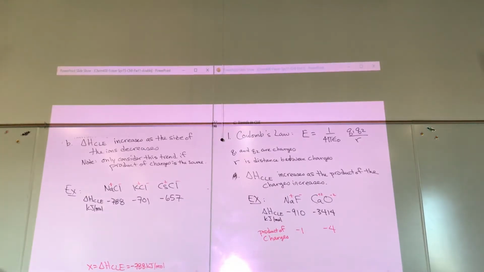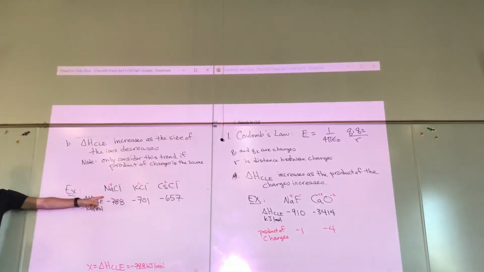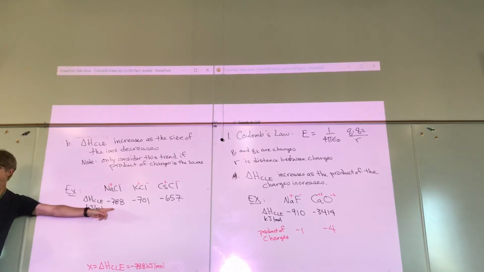Now let's look at how size plays a role as you go from, well, I'll do it so the ions decrease. As you go towards sodium ion, you get smaller ions, bigger crystal lattice energies.